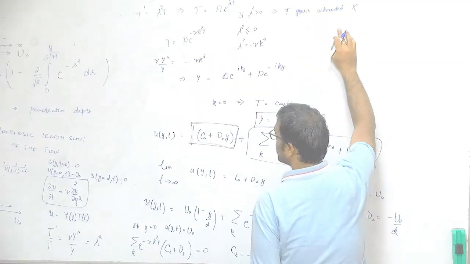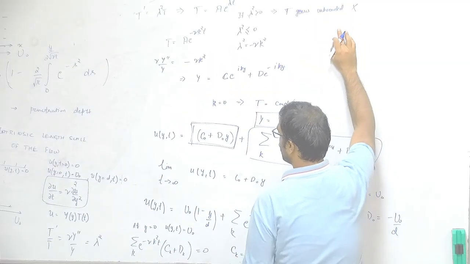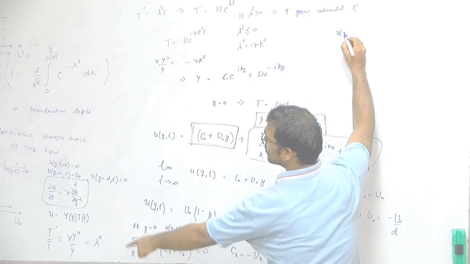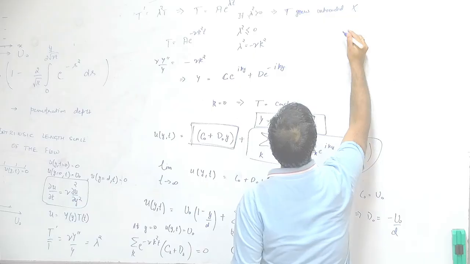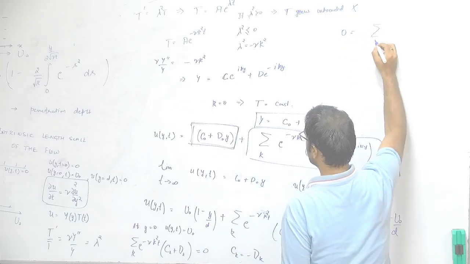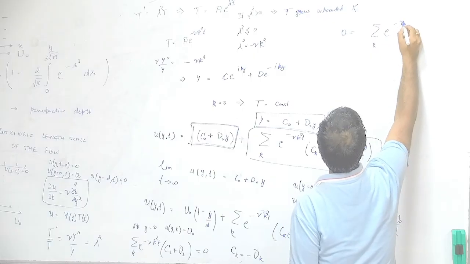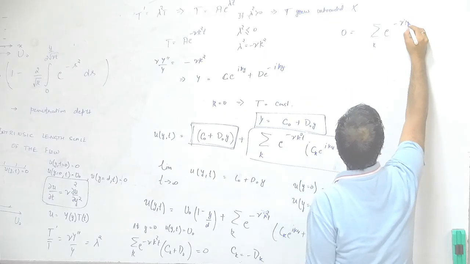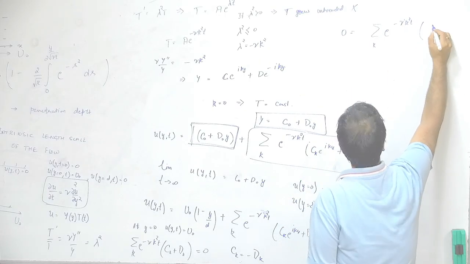Now let us put the y equals d boundary condition. What do we get for y equals d? We have u at y equals d is 0, and here also we get 0, and again we will get that for all times, sorry, this is nu k square t.